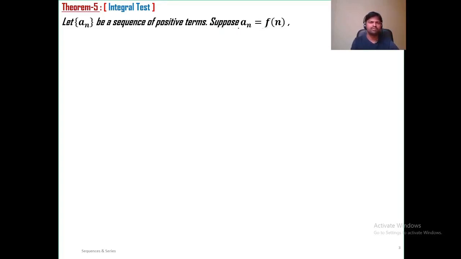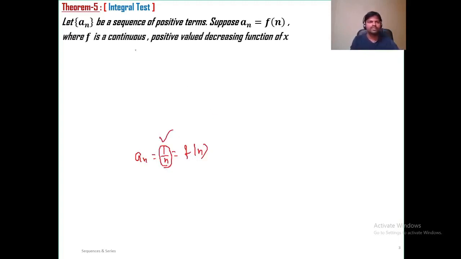So I am defining the function like this. It means what? See, for example, a_n is 1 by n. So therefore, this 1 by n is my function of n indirectly. It is a function of n only, right? So now this function we will take as some f of n like this. Where f is what kind of function? f is a continuous, positive valued, decreasing function.